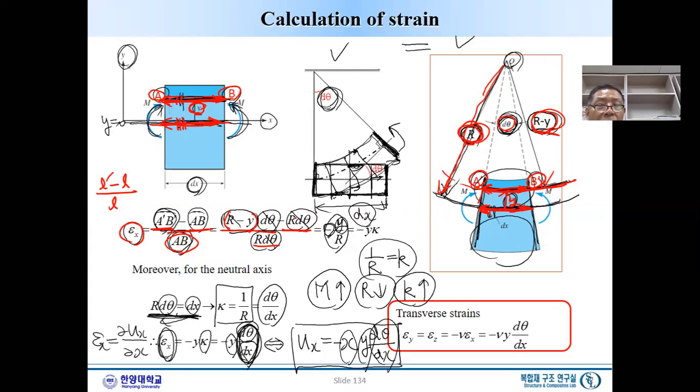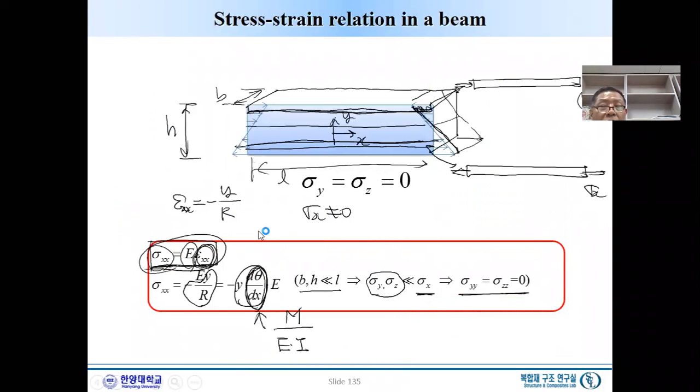Then all terms cancel, and what is left is only minus y over r. So this is the strain, and 1 over r was, as we noticed previously, d theta dx. So the most important result is epsilon x equals minus y times d theta dx. That is the one we needed to derive.